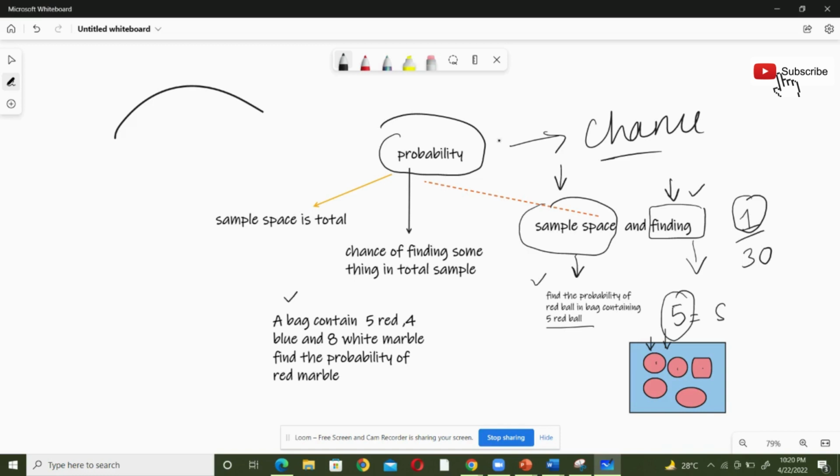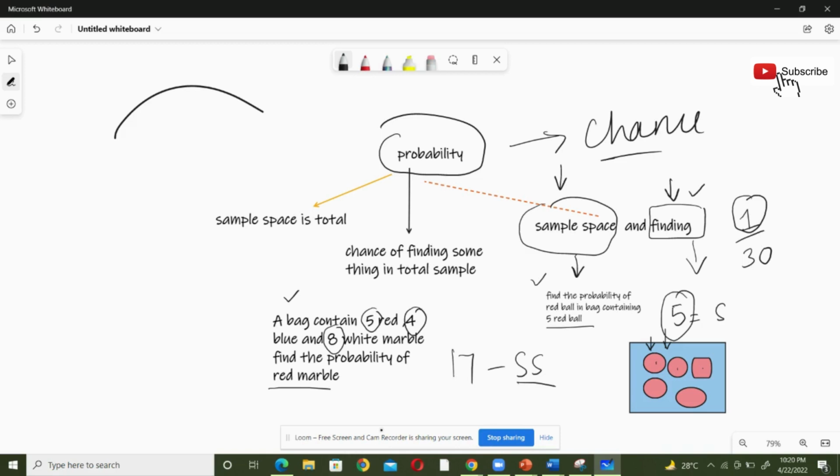Now the next question: a bag contains 5 red, 4 blue and 8 white marbles, find the probability of the red ball. For that purpose, you first have to find your sample space, which is nothing but the total number of marbles present. This is 17, which is your sample space.